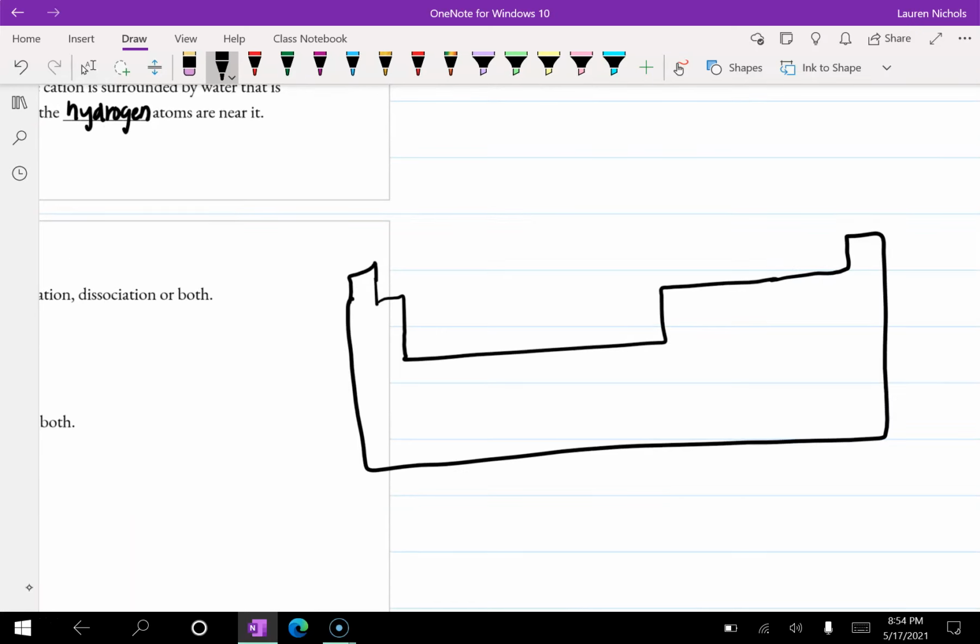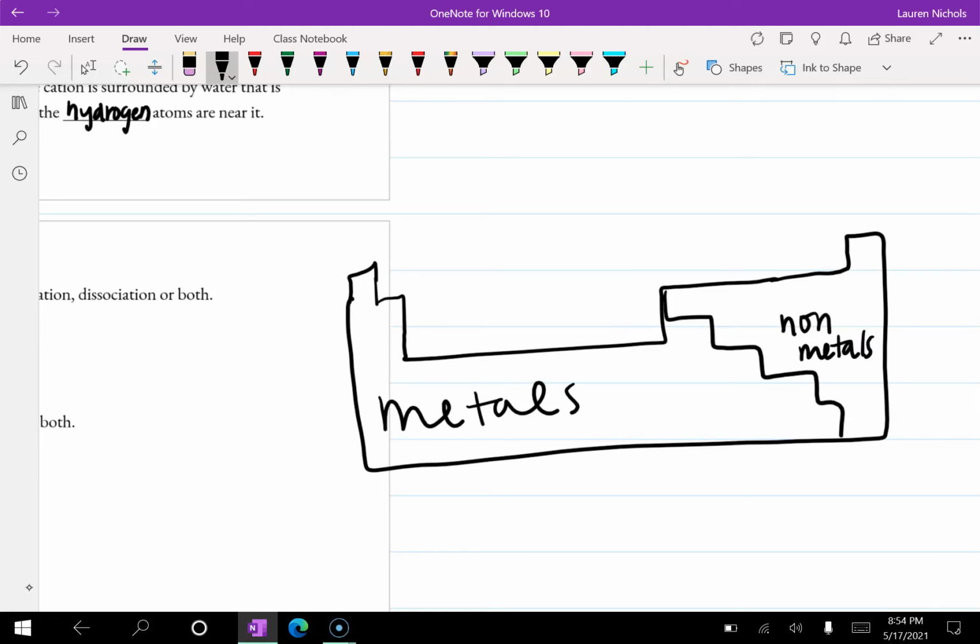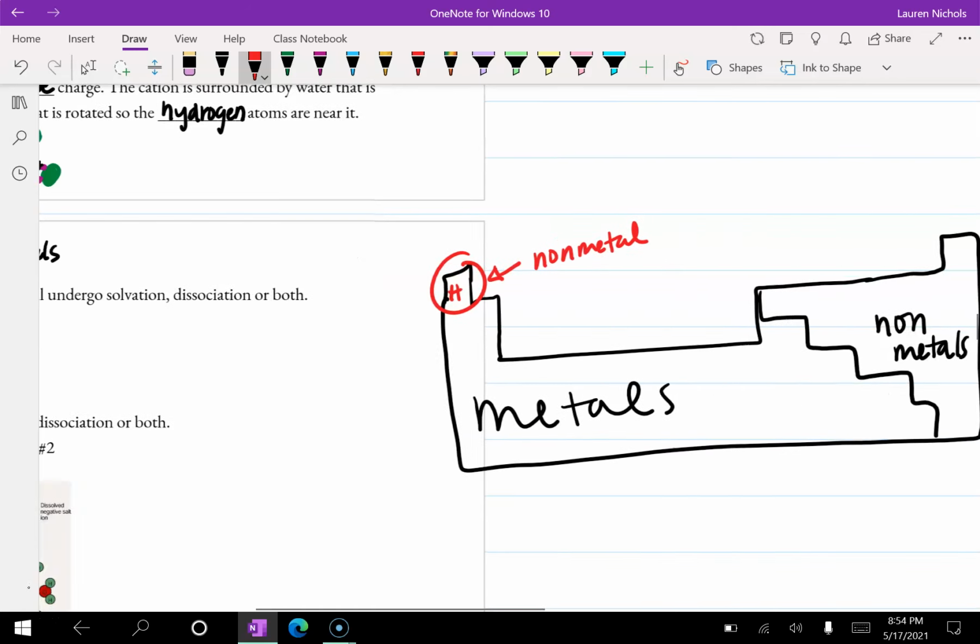You have a staircase that kind of breaks it down. And so metals are on the left side and non-metals are on the right side. However, there is a spy. Hydrogen looks like it's a metal, but it's actually a non-metal. We call it the spy behind enemy lines. It crossed over into metal territory, but it's actually a non-metal. It's trying to trick you.